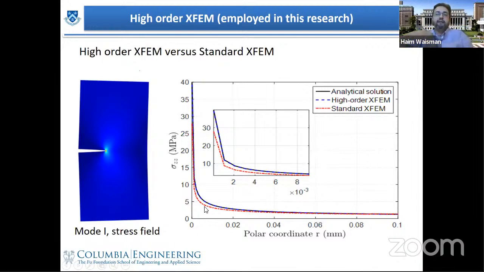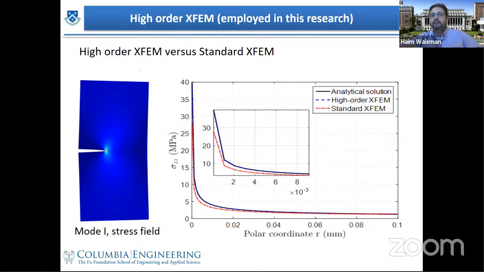But if you add higher order terms, you can automatically capture very accurately the stress field ahead of the crack. And what are the advantages of this? The advantage is that you can avoid completely all sorts of stress projection methods or stress smoothing methods. Just by incorporating these higher order terms, you automatically get the correct stress response.